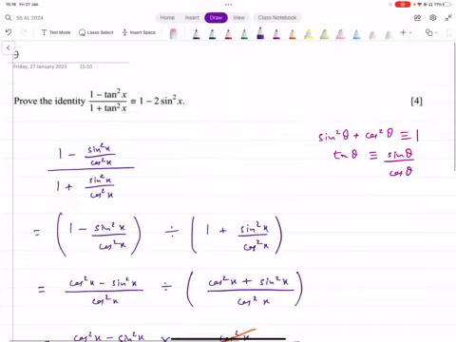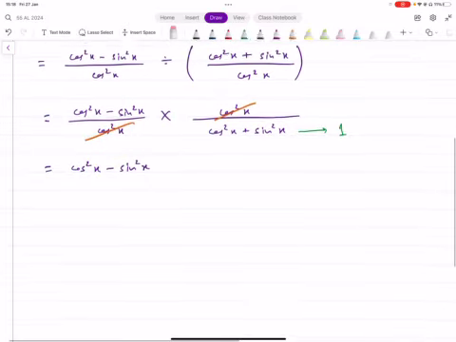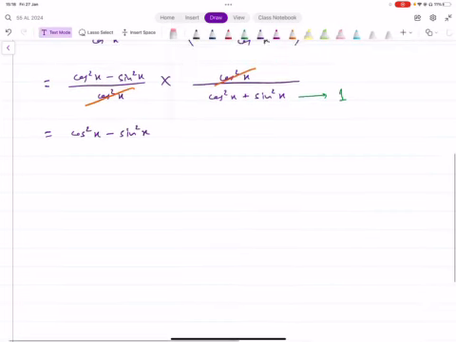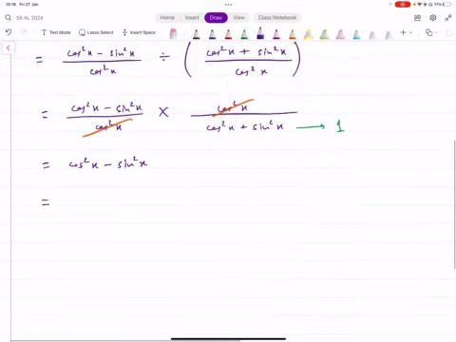Let's look at what we want now. We want 1 minus 2 sine square x. So that's something only in terms of sine square. We have cos square x minus sine square. So we need to get rid of cos square somehow. Cos square की जगह we can write 1 minus sine square. So this becomes 1 minus sine square x minus sine square x.